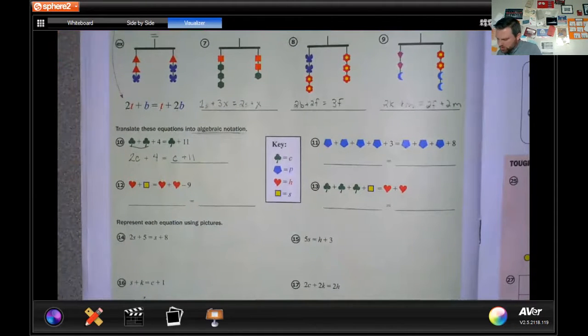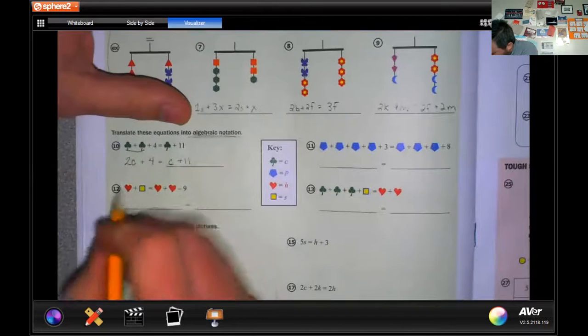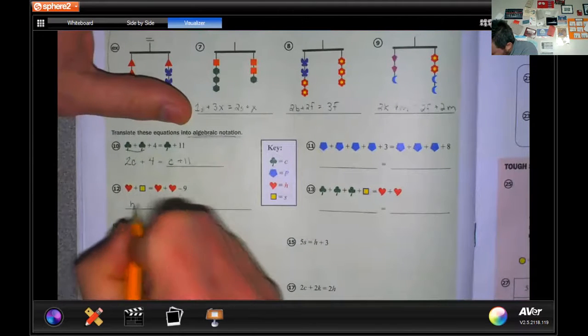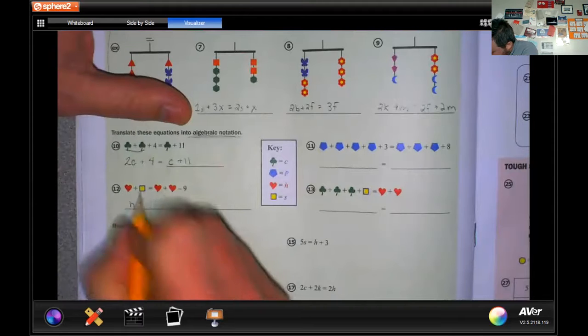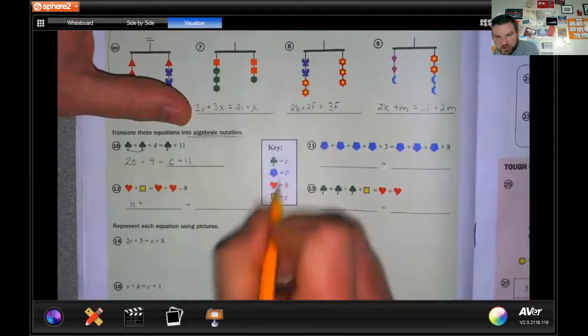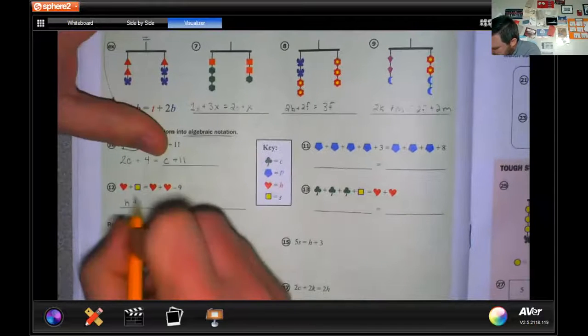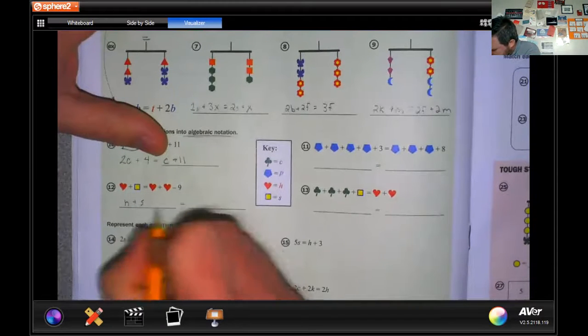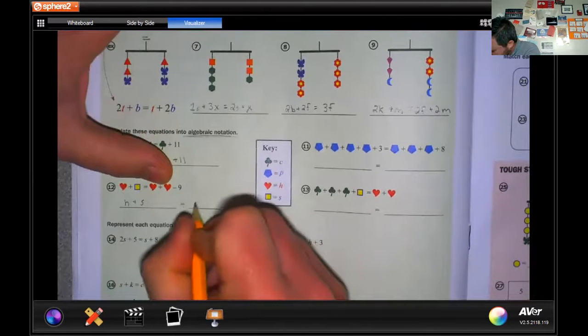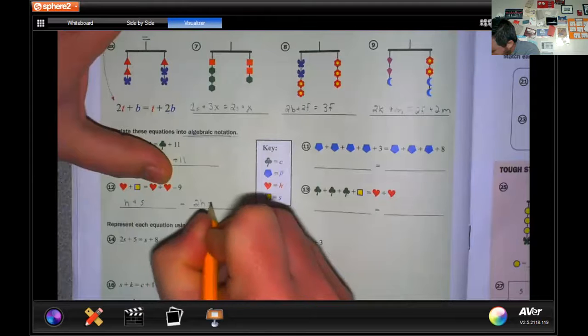Okay, and you can put a 1 in front of the c if you want. That's okay. Okay, so we have 1 heart, so H, plus 1 square, which is S. Again, I'm using the key that they provided me with right there. So S equals 1, 2 hearts, so 2H minus 9.